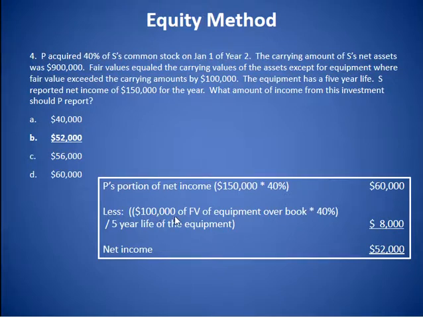So we're going to take the $100,000 excess of fair value of equipment over the book, multiply that times 40%, then divide by 5 years. The 40% represents our portion of interest in that depreciation. With a 5-year useful life, the amount would be $8,000. So net, $52,000.